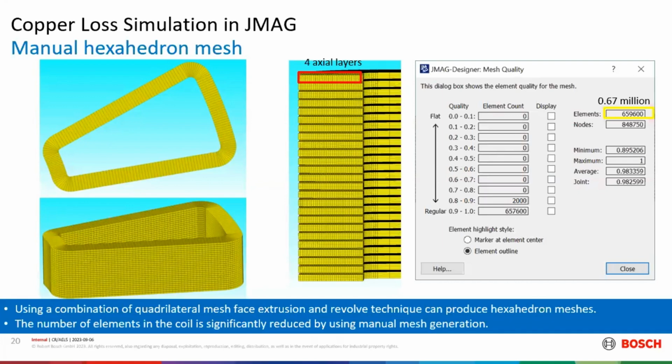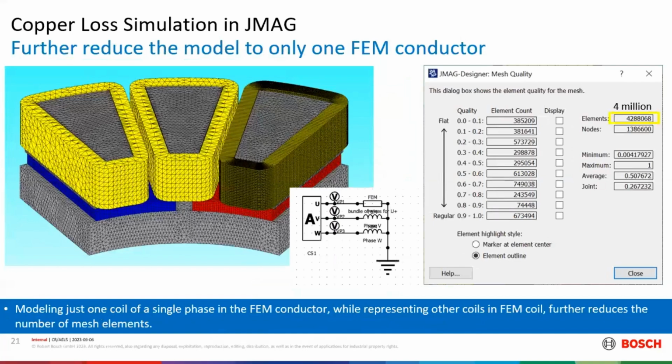Then I use a trick by dividing the coils into a straight part and a curved part, where I apply face extrusion for the straight part and face revolve for the curved part. At the end, this single coil takes only 0.67 million mesh elements. Another trick is you don't have to simulate eddy current within all the straight coils. You can do that within one coil.